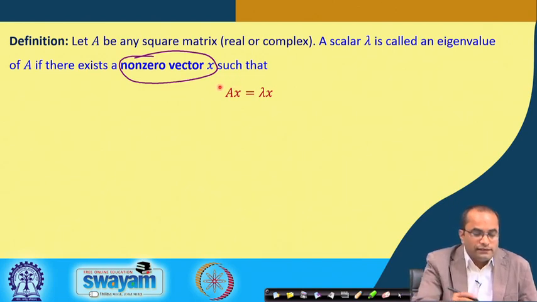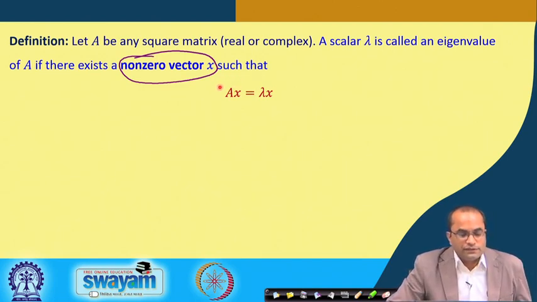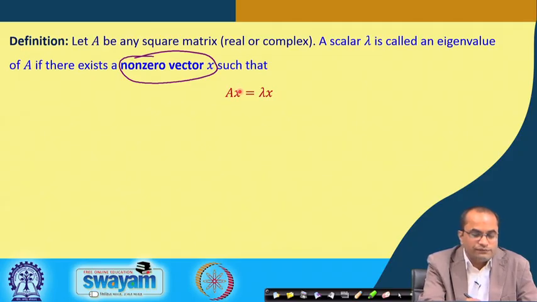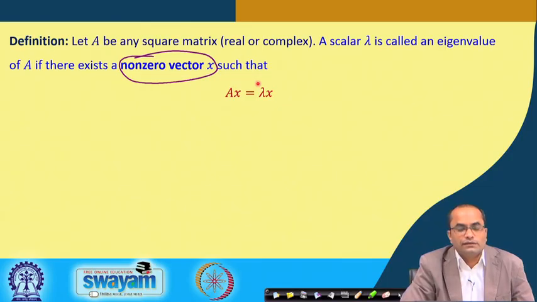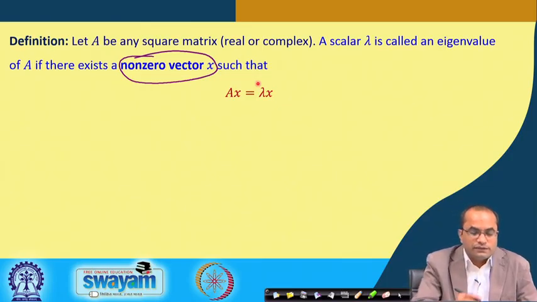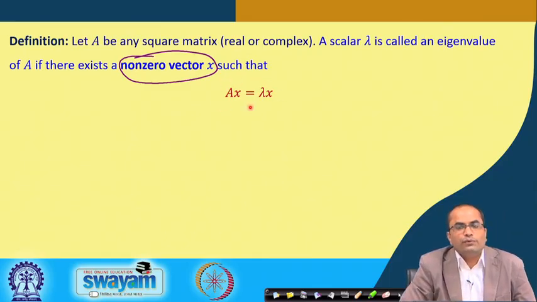This is exactly parallel to what we have just seen in the previous example. If we have such a vector x whose multiplication with the given matrix, A x, is nothing but lambda times x, and this lambda is some scalar, some real number or a complex number, then A x equals lambda x, a very important equation which we will be talking about today.